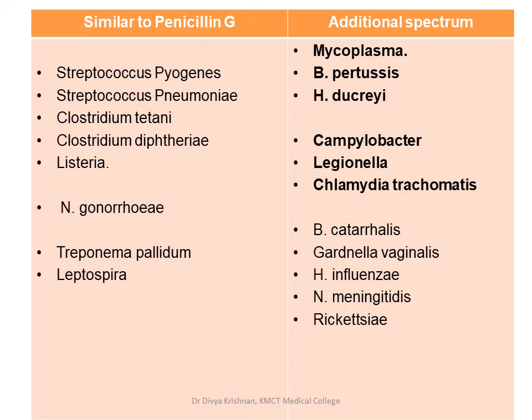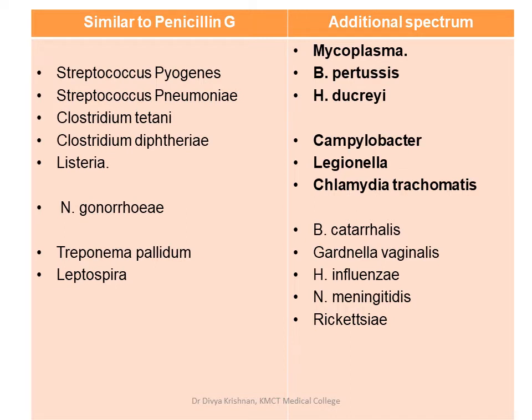The next one is the additional spectrum of macrolides, that is, it is exclusively present for macrolides. Under this, you have Mycoplasma, Bordetella pertussis, Haemophilus ducreyi, Campylobacter, Legionella, Chlamydia trachomatis.